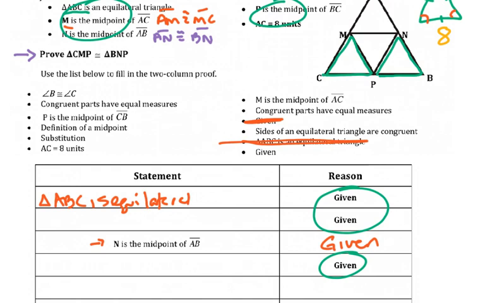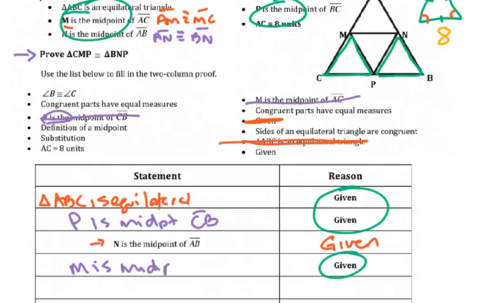What's something else that was given? How about P is the midpoint of CB? Mark it off. M is the midpoint of AC. Mark that off.